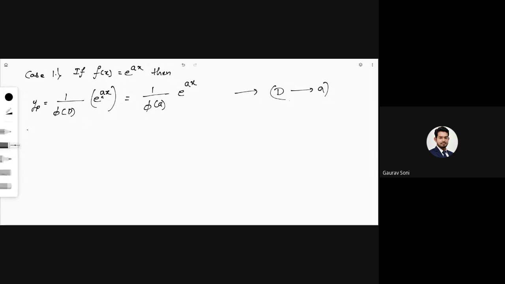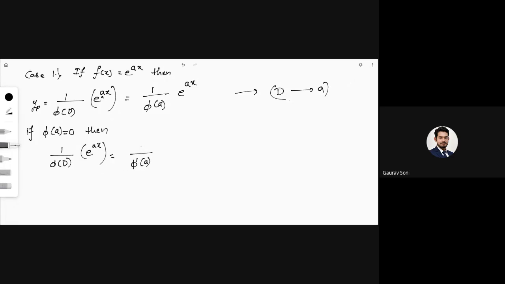So if phi of a becomes 0, then what I will do is take the derivative. Then 1 upon phi of D e raised to ax, I'll simply replace D by a, and somehow it is turning out to be 0. So in that case, I'll take the derivative in the denominator and then put a. So this will be phi dash of a.